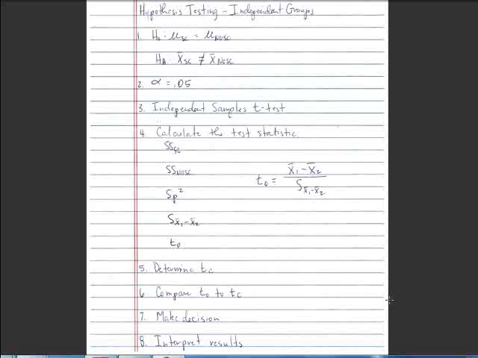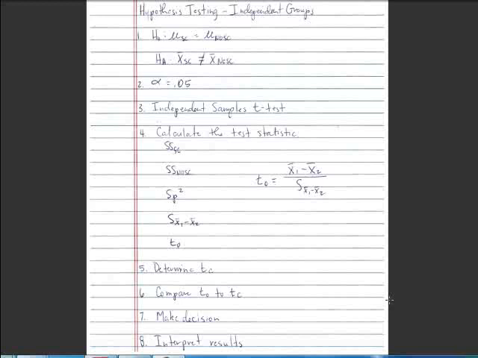Step number 2 is to select your level of significance, or your alpha level, or the level of risk you're willing to take. For this example, we're going to be working at the 0.05 level, which means that 5 times out of 100 we're willing to accept that we may make the wrong decision. 5 times out of 100, any differences that we see in our means could have happened by chance.